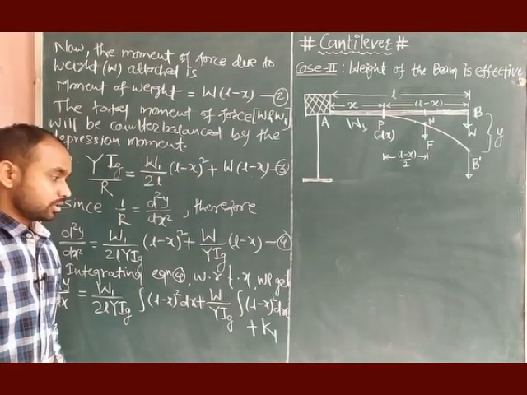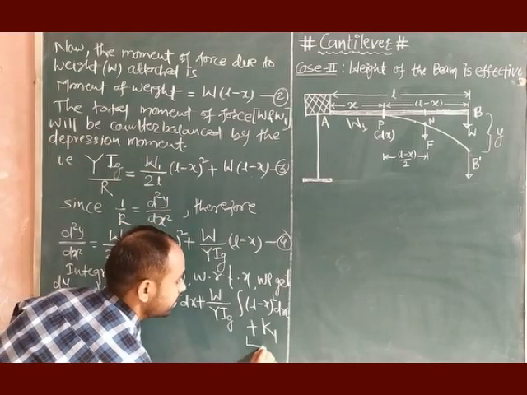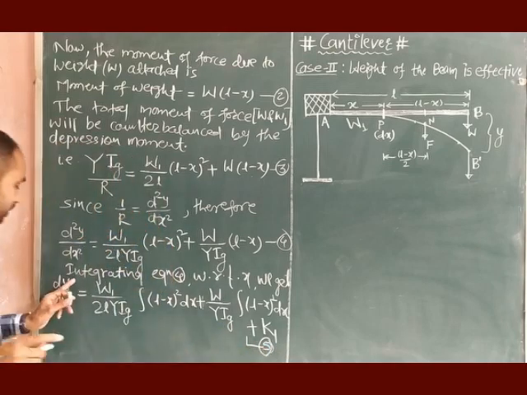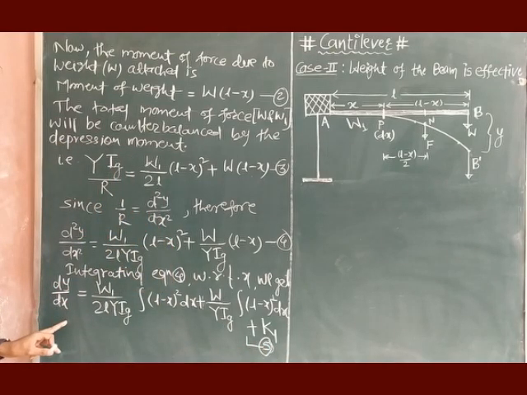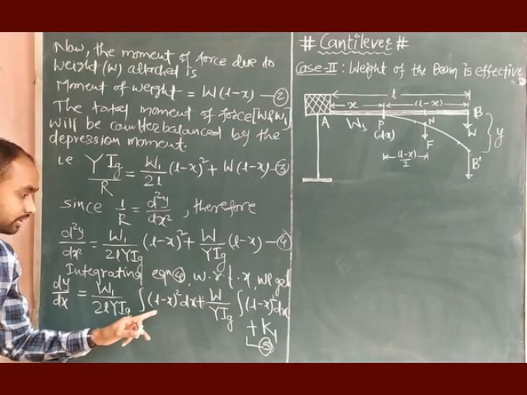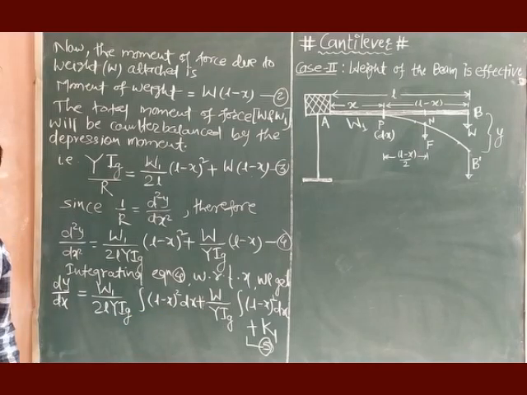So let us name it as equation number 5, in which we got the first derivative of depression, that is dy by dx. Right. Now let us first of all just expand this term and then we will take the integration.